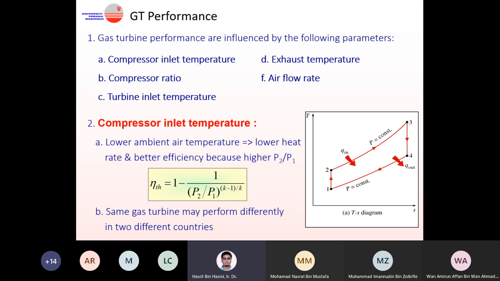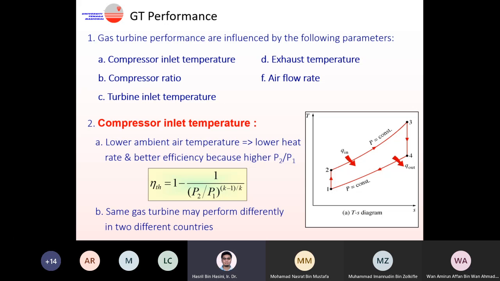It will result in higher compression ratio. So at the end of the day, you are talking about better efficiency at higher density. Higher density is related to the colder ambient. So that's why it is affecting the compressor inlet temperature. It is affecting our efficiency or GT performance.